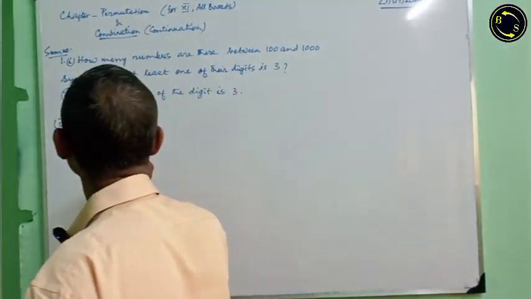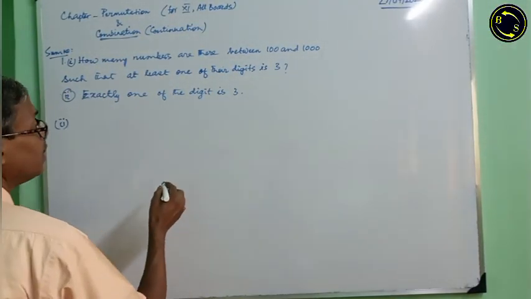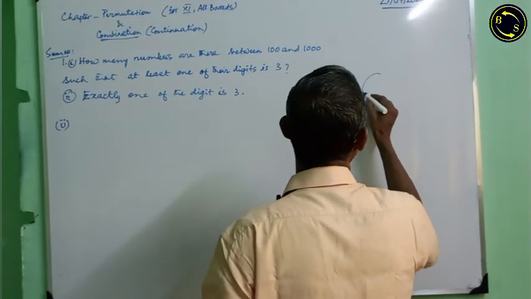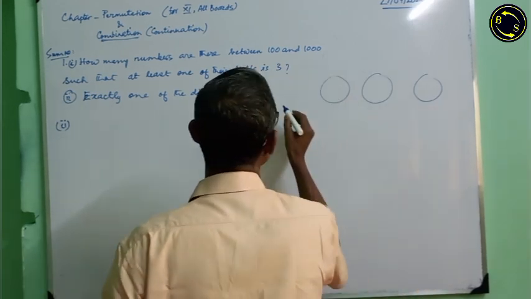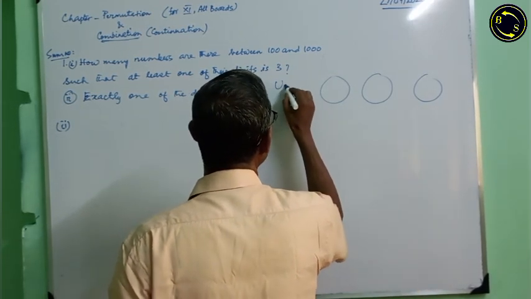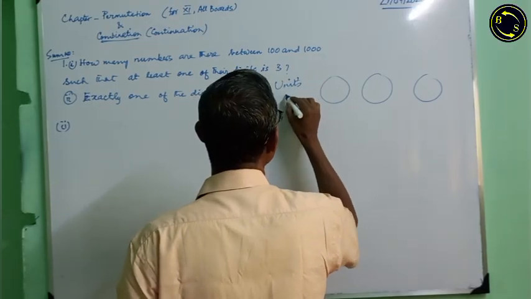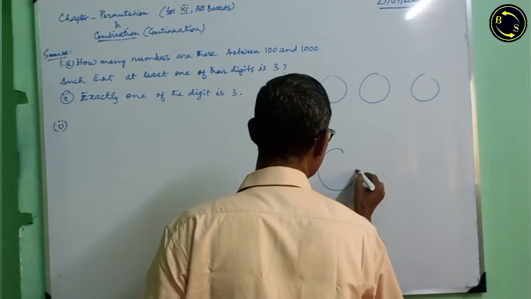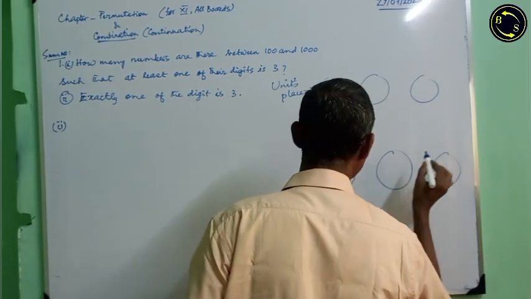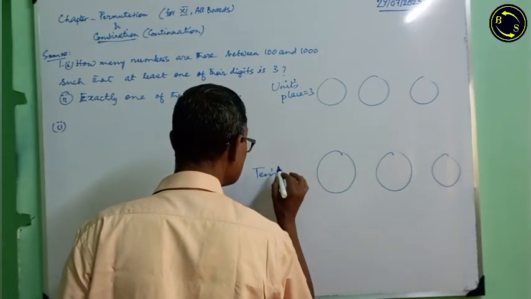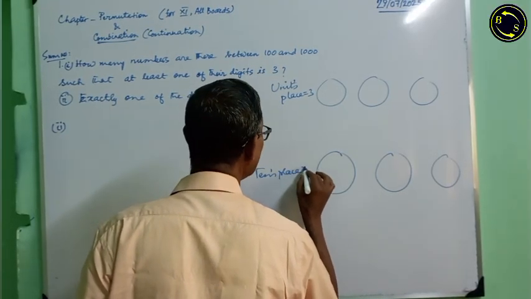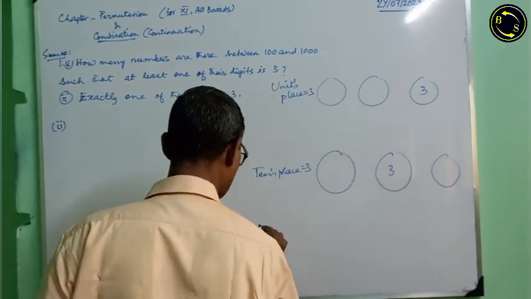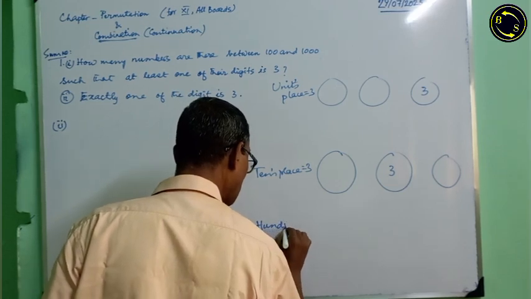Now, second case, exactly one of the digits is 3. Again, I draw like this: units place, tens place, hundreds place.